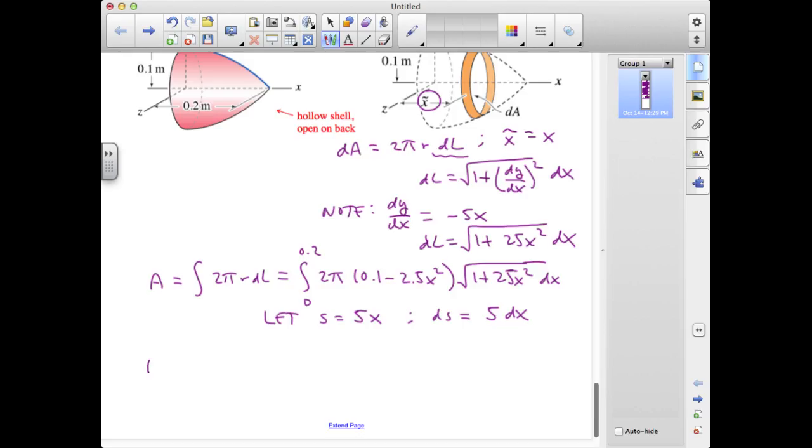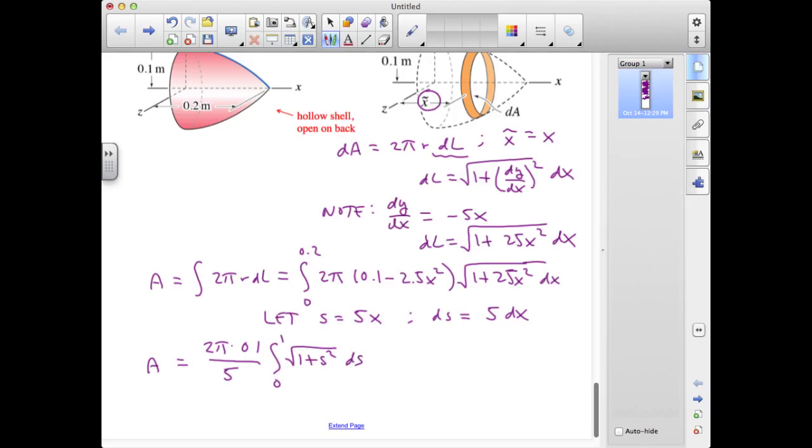And I can rearrange this a little bit and write this integral as a sum of two terms. The first one goes like 2 pi times 0.1, and then I end up with a 5 in the denominator as I'm making this change in variables from x to s, and I'm integrating from 0 to 1 root 1 plus s squared ds.